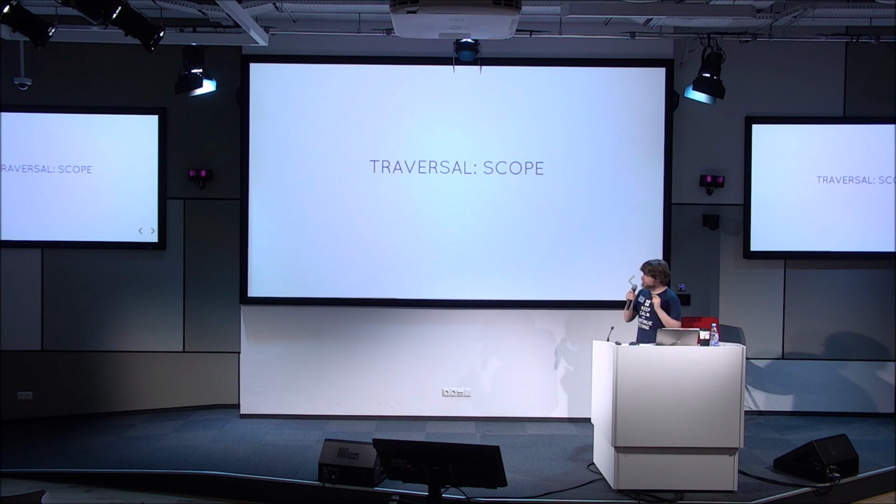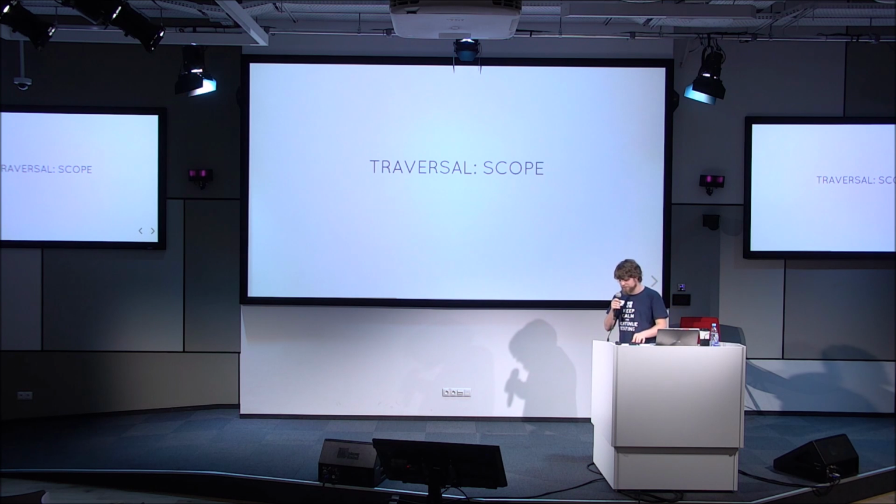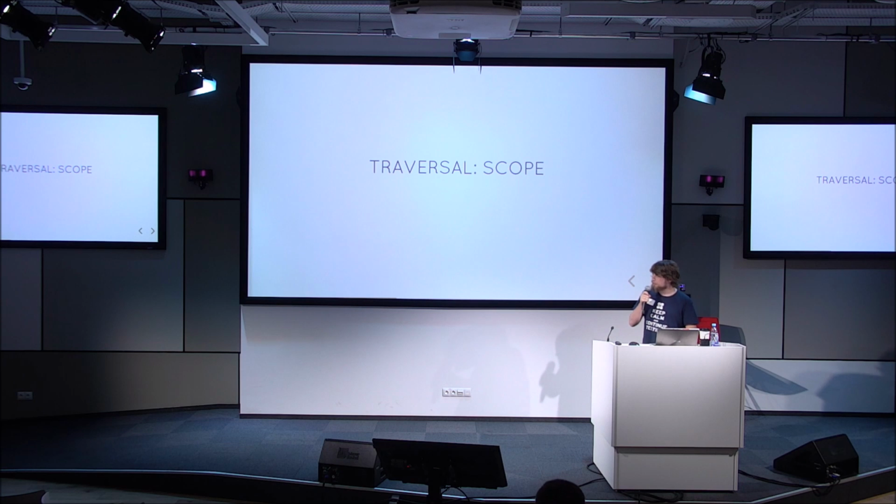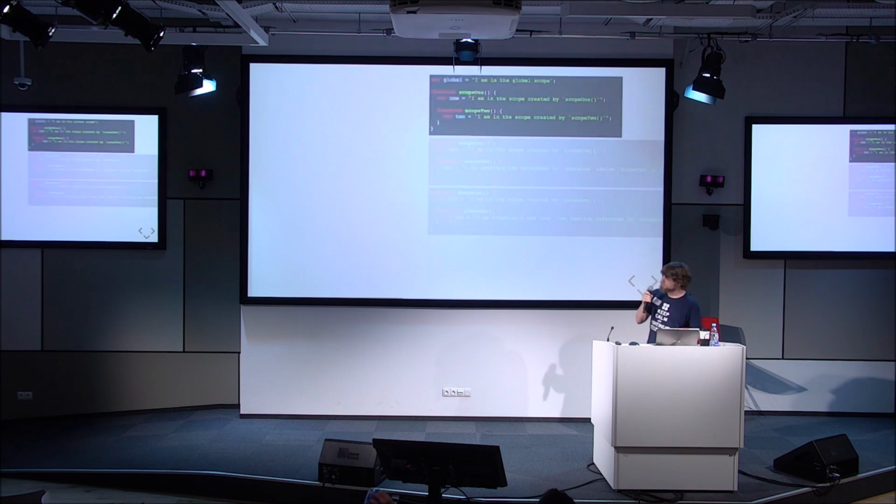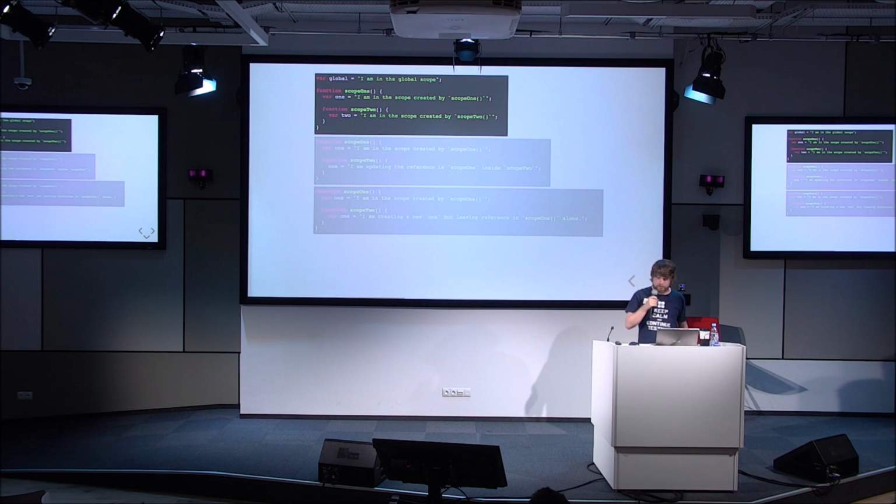And why is it so important? Because JavaScript is constructed in a way that we need to do it in a specific way to get consistent results. And the main thing about it is the scope. JavaScript has lexical scoping.